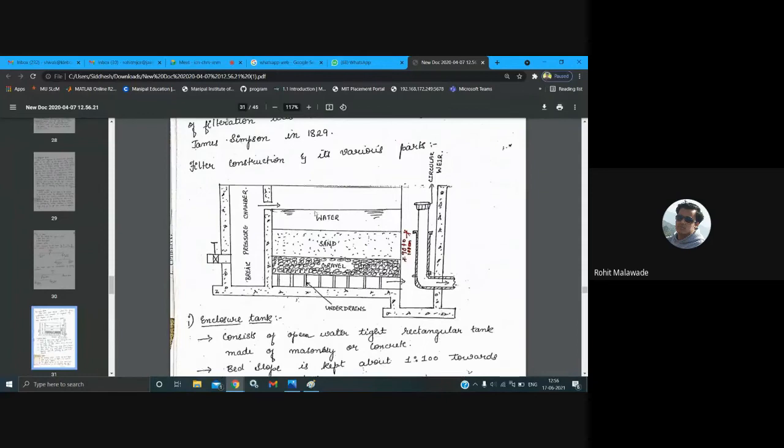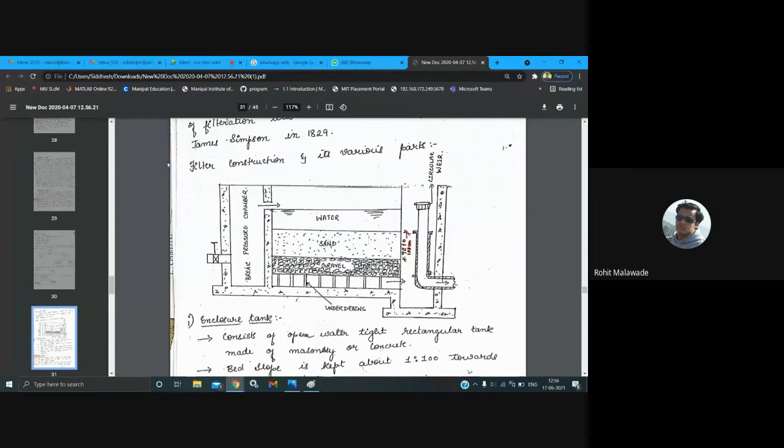Then it is going to pass through the layer of sand, then through the layer of gravel, and then it is going to be collected in the under drains. From the under drains, it is going to come over here, flow through this circular weir, and get collected outside.